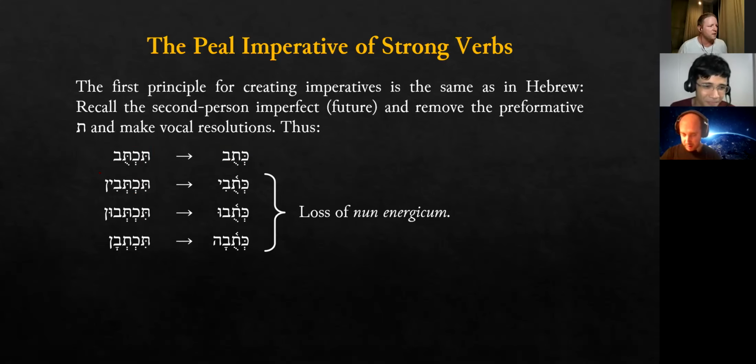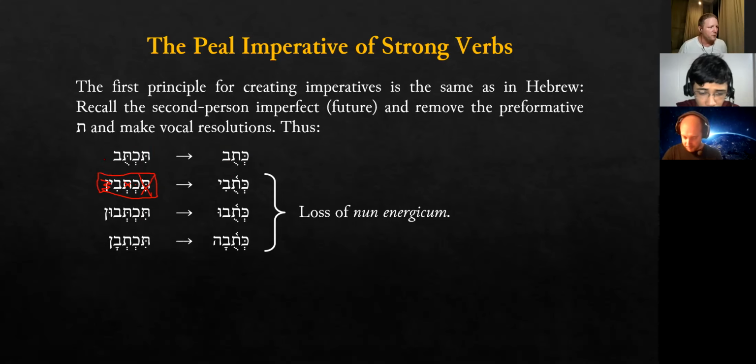In the second case, this is a feminine singular. Tichtavin, we're going to take off the tav prefix, the preformative, which causes this kaf to be hard because it's the beginning of the word. The shva here is vocal. This dagesh disappears. We're going to remove the nun energicum at the end of the word.